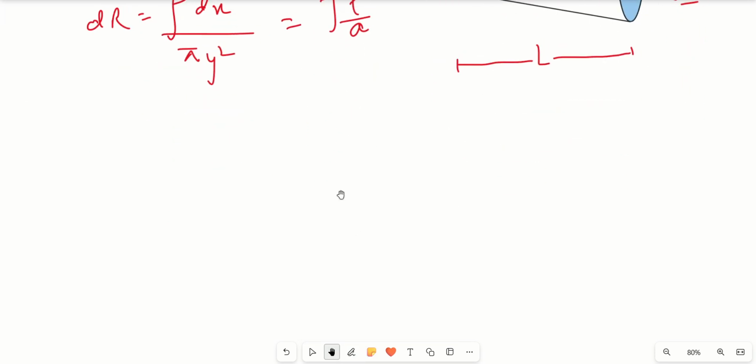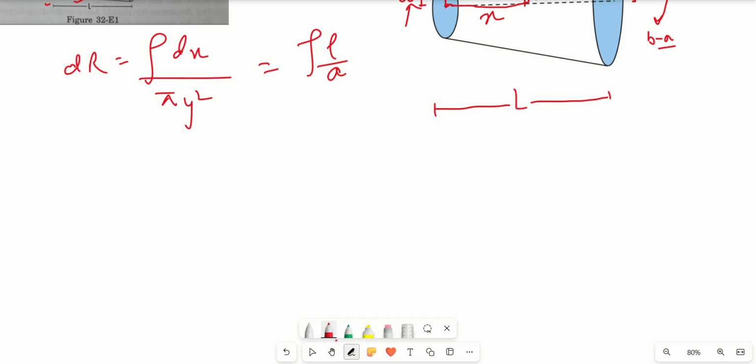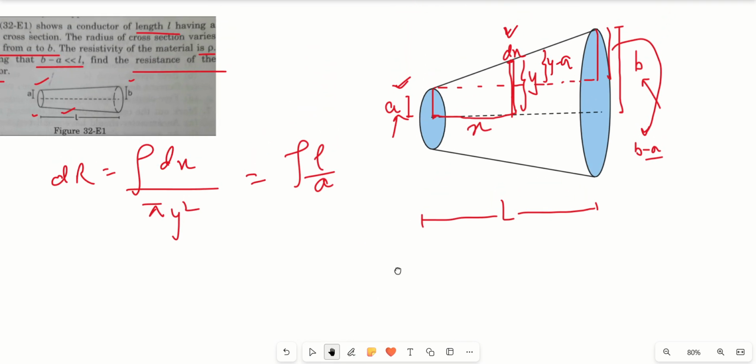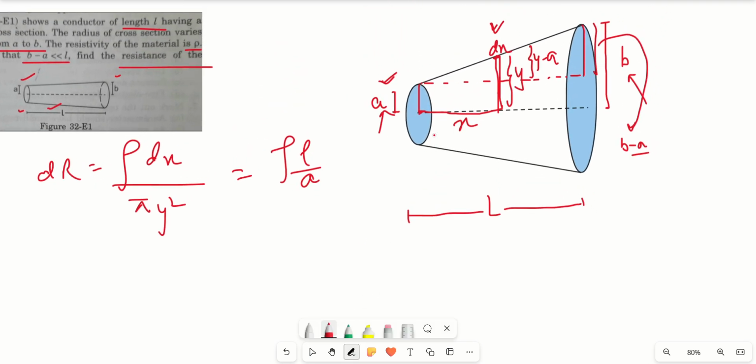So now, see the question carefully. We have an angle theta here, and we have an angle theta over here.